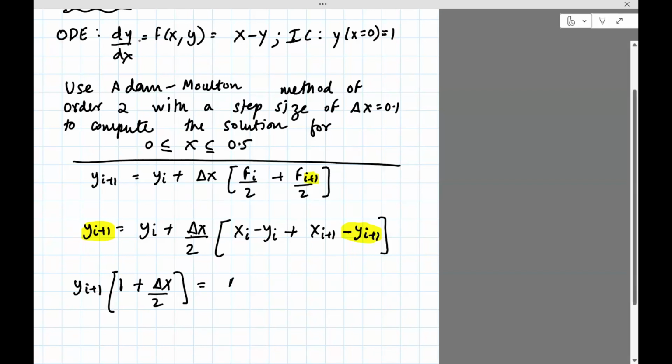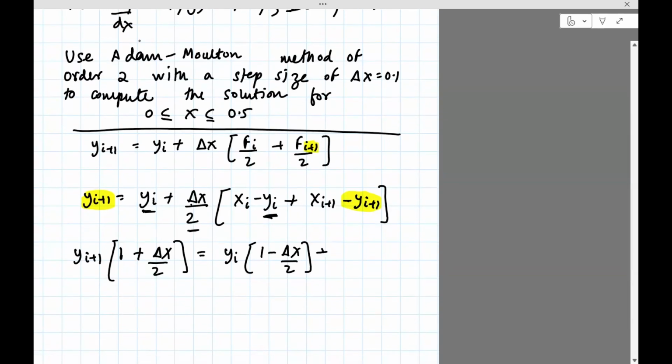So y_i times (1 minus delta x divided by 2). I just took this part and this part and combined them together, plus delta x times (x_i plus x_{i+1}) divided by 2.